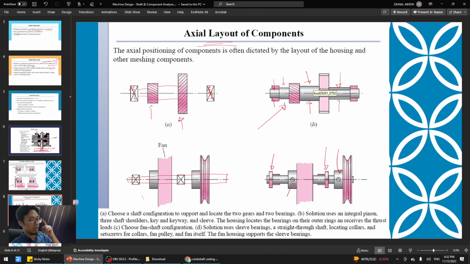So you can see lah here, if you use one single size of shaft, one single diameter of shaft, you need a lot of sleeve to make your components stay at that position. Kalau you ada different diameter of shaft, you can minimize the use of sleeve, bearing sleeve. You also need keyways so that you can transfer the torque. Okay.